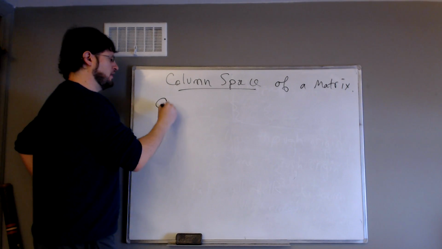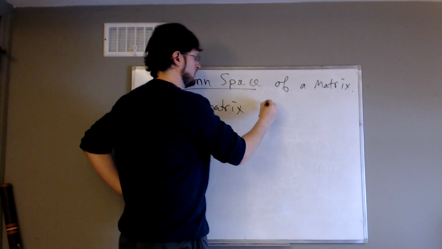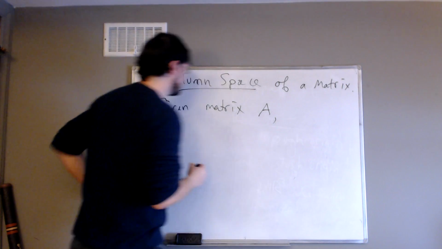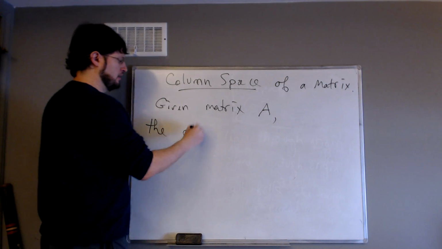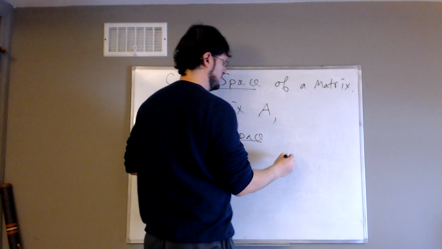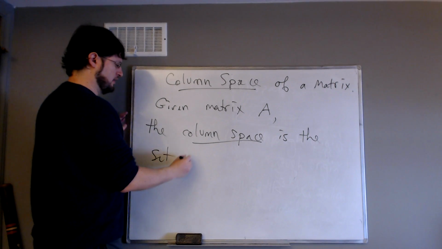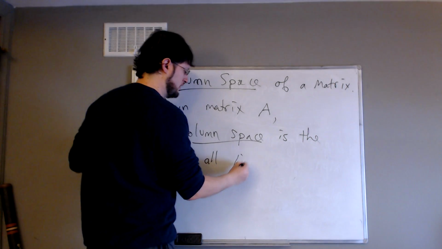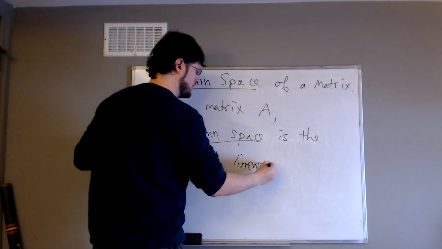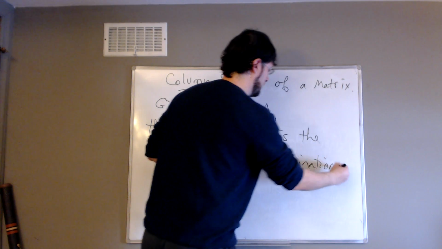Okay, so given matrix A, the column space is the set of all linear combinations of its column vectors.